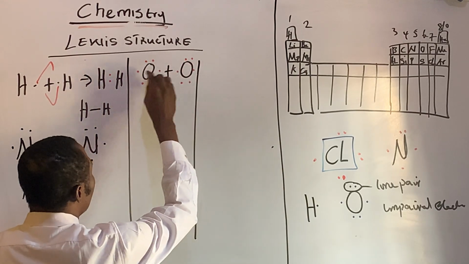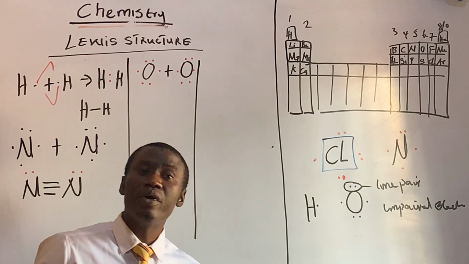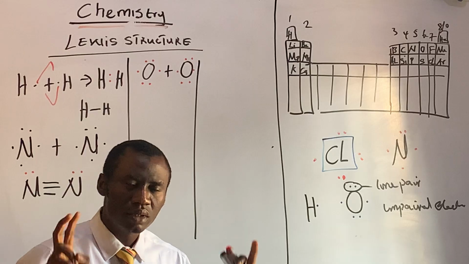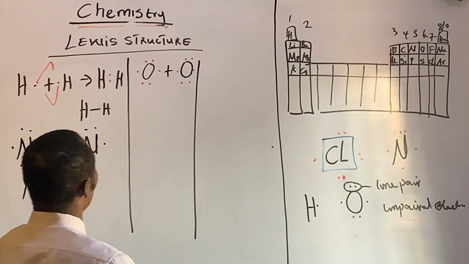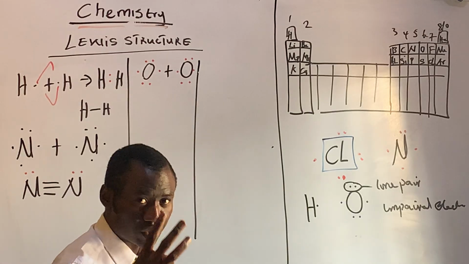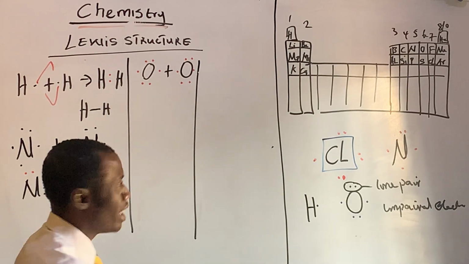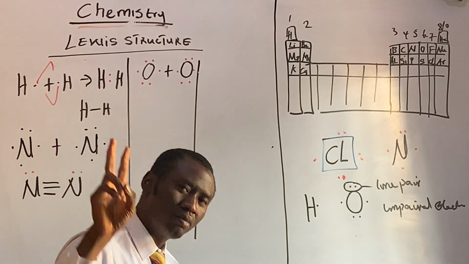These 2 unpaired electrons will love to bond together. When they bond together, we form a double bond. Just like the 3 form a triple bond in nitrogen, these 2 will form a double bond.